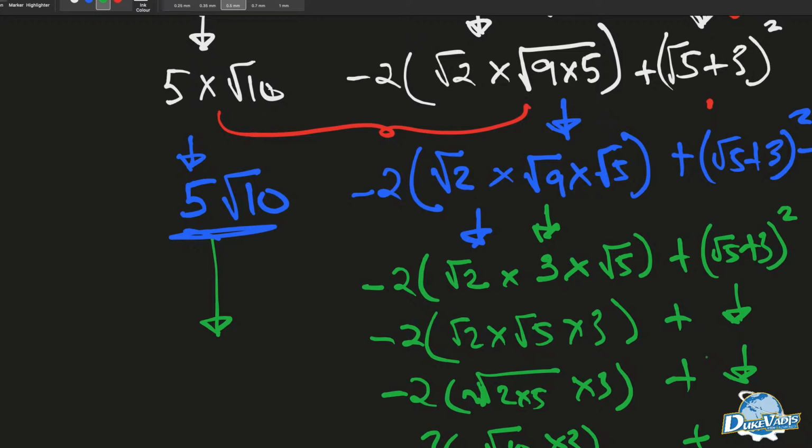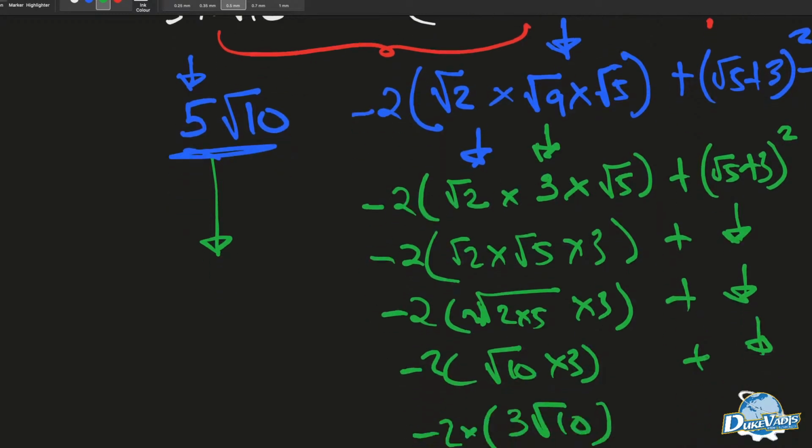We put them together, root 2 times root 5 times 3, and we apply the properties of indices when they are multiplying: root 2, root 5, multiplying under the root, and that gives us root 10 times 3.